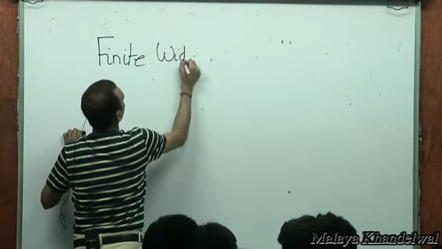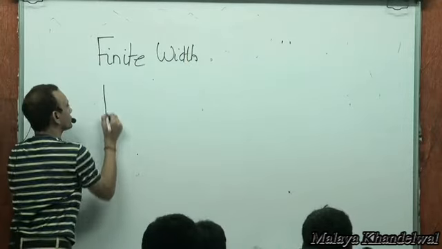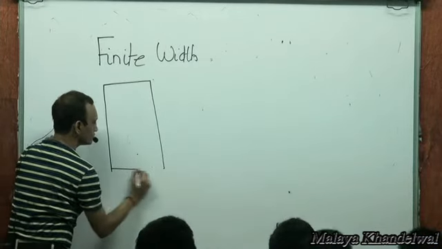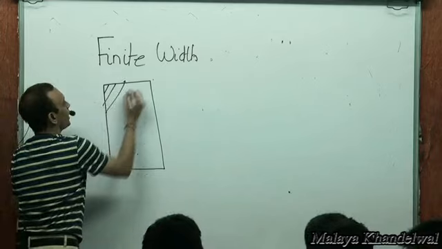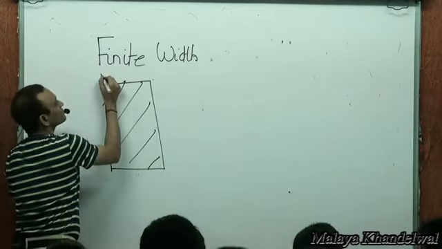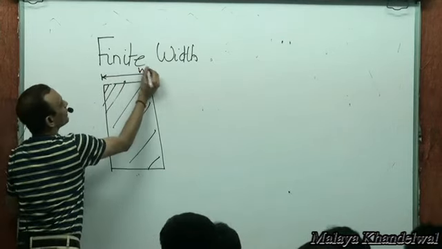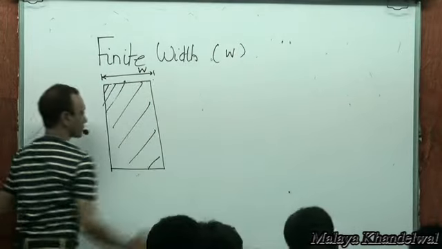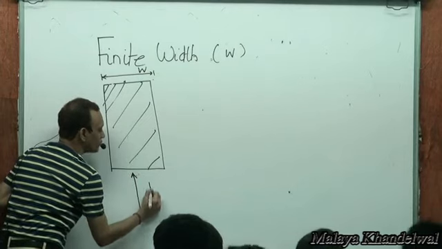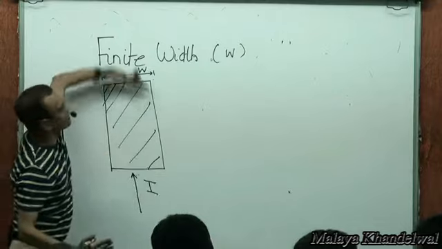Say it's a rectangular, very long wire. This is the wire and it is of width W, and it carries a total amount of current I through this cross section upwards.